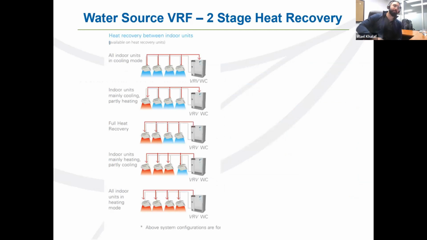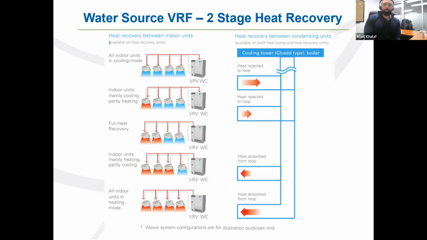And something that is a bit particular whenever we're using water source VRF is something called two-stage heat recovery. We can recover heat from different zones, areas, or indoor fan coils and share it with each other. If I look at the second floor here, I can have one unit in heating and the other three in cooling.